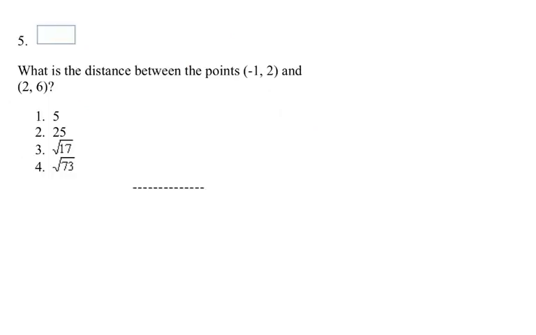Alright, let us look at the next question here. How do you find the distance? Distance can be found by the square root of x sub 2 minus x sub 1 squared plus y sub 2 minus y sub 1 squared.